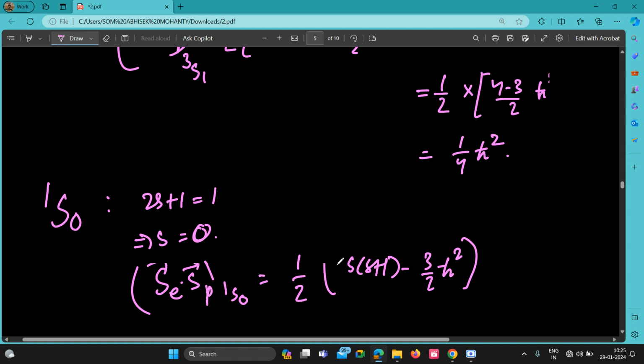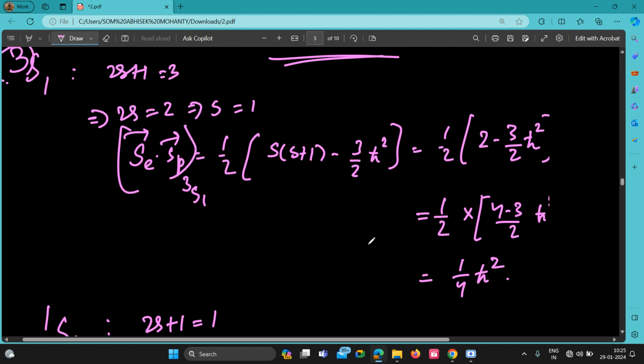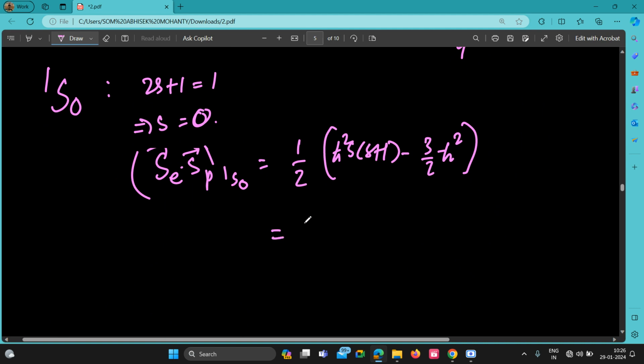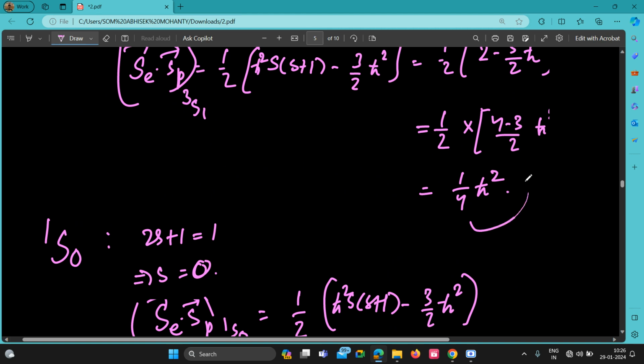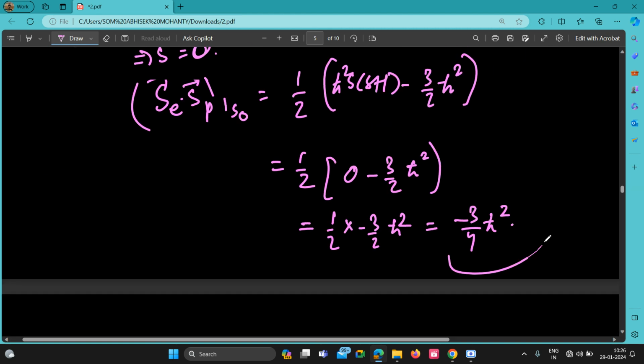Yeah, the h cut square should also be there. So half, this is completely 0, 0 minus 3 by 2 h cut square. So that gives me half into minus 3 by 2 h cut square, that is minus 3 by 4 h cut square. Okay, one value is 1 by 4, another is your 3 by 4.